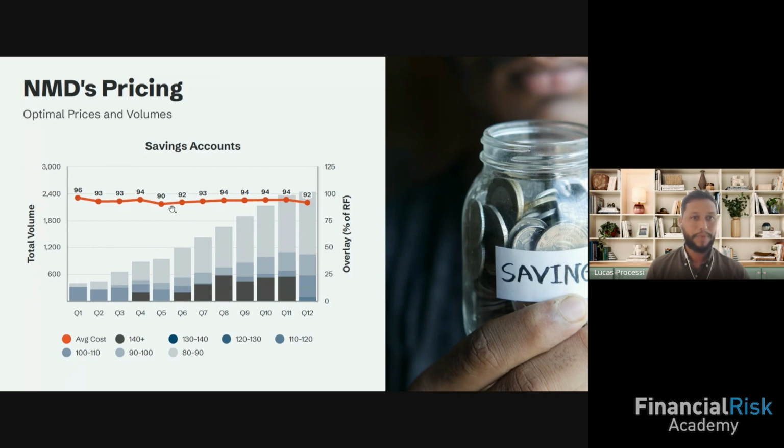And the higher the rate we decide, the quicker this total volume curve is going to increase. So these are also decisions that were taken by taking into account all the business rules and also the demand curves for non-maturity deposits.